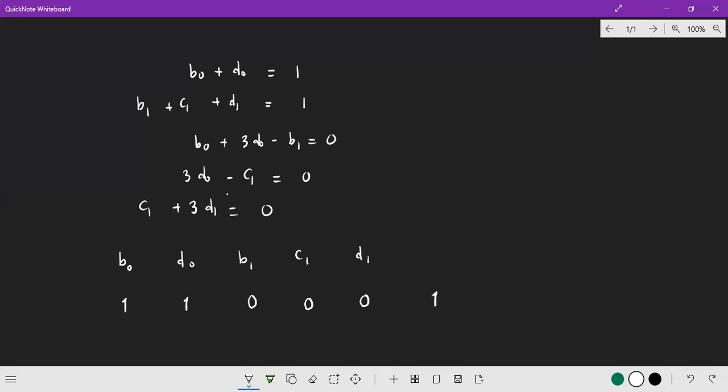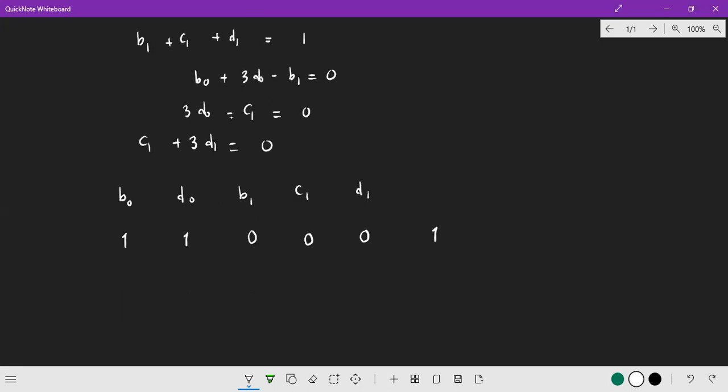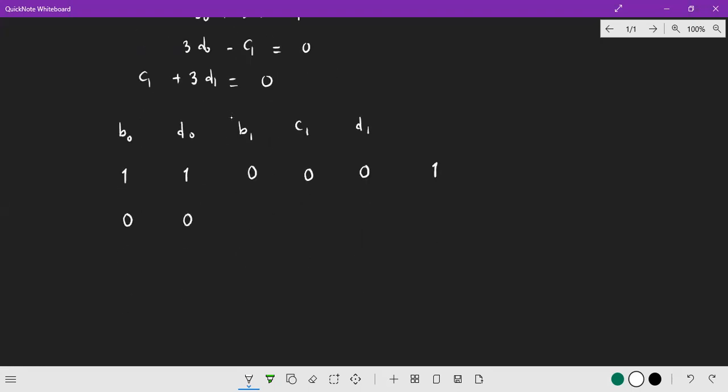Okay, so that's for the first equation. For the second equation, we don't have b naught and we don't have d naught. Instead, we have b1, c1, and d1. So this will be 0, 0, 1, 1, 1, and the constant is equal to 1 as well.